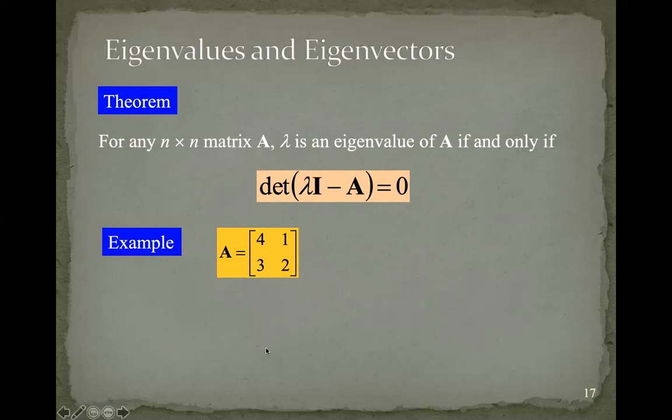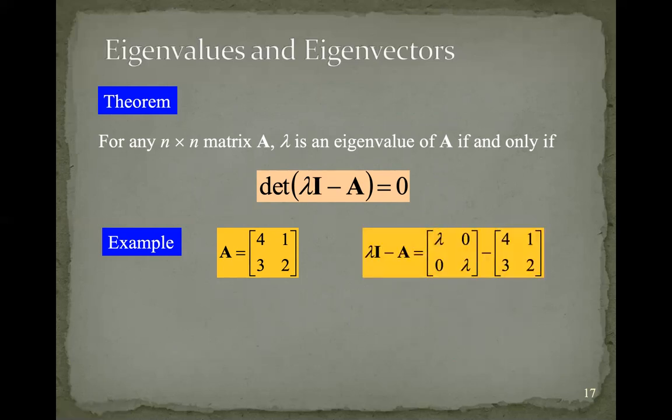So let's go back to the matrix A. If I have lambda I minus A, lambda I has diagonal entries lambda and off-diagonal entries 0. Subtracting a 2 by 2 from another 2 by 2, that becomes lambda minus 4, lambda minus 2, 0 minus 1, 0 minus 3.